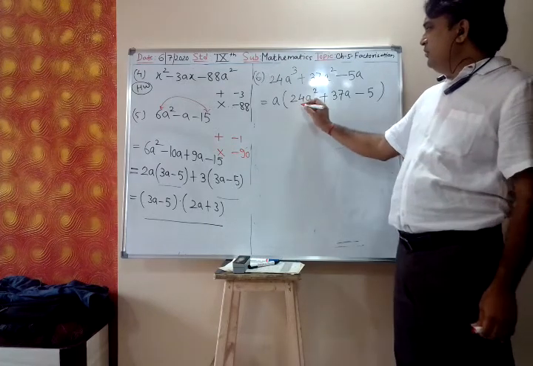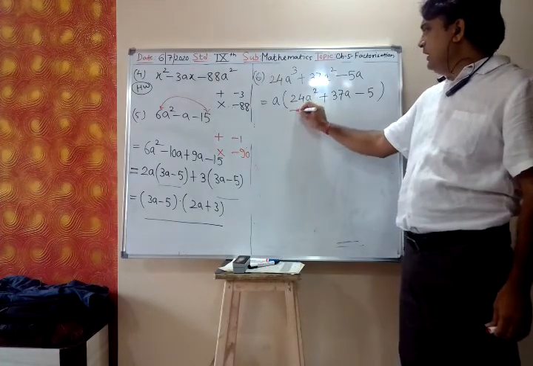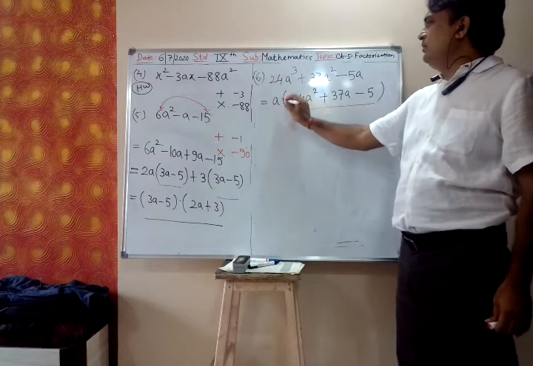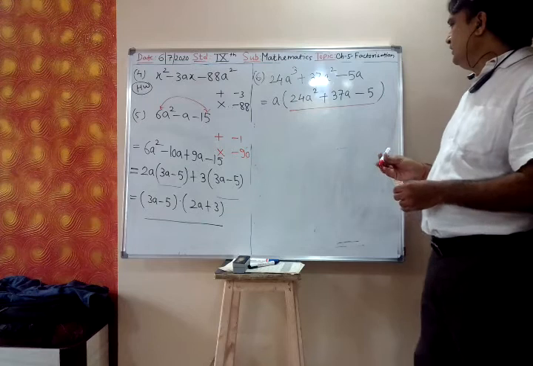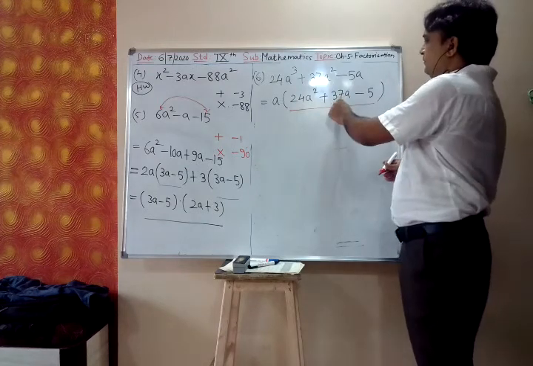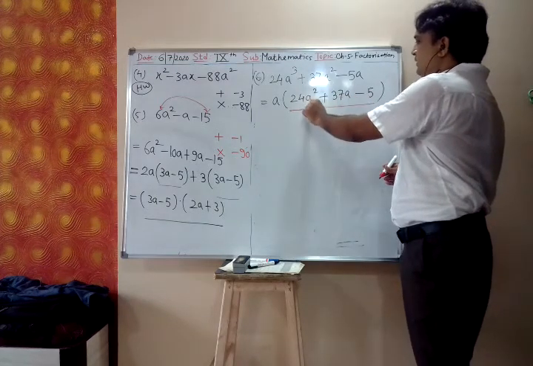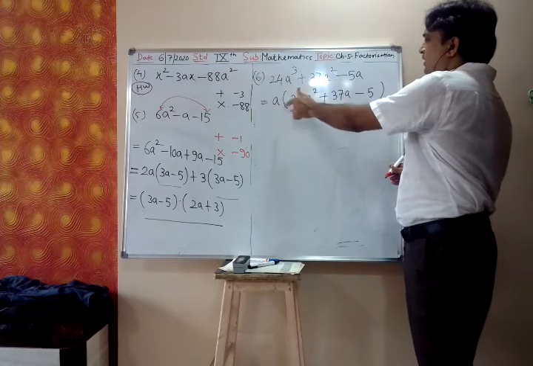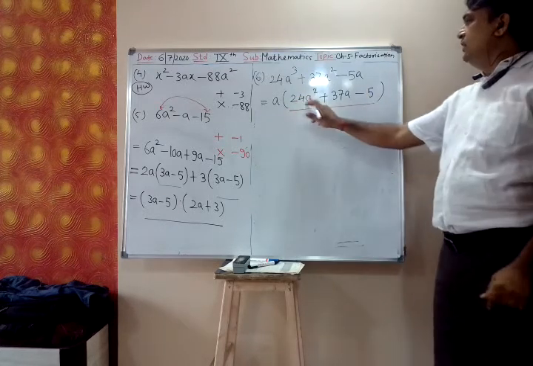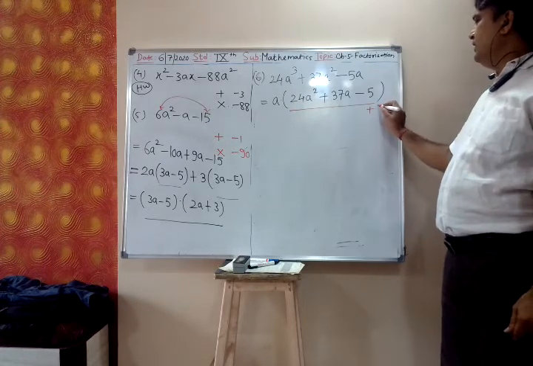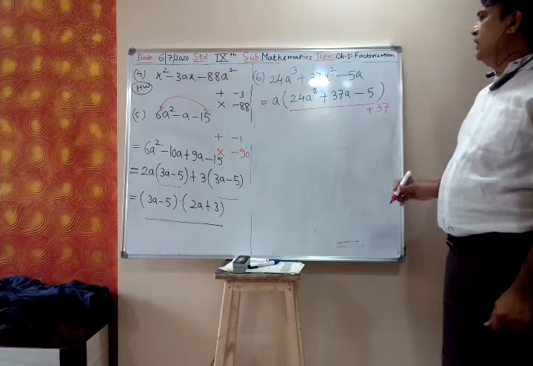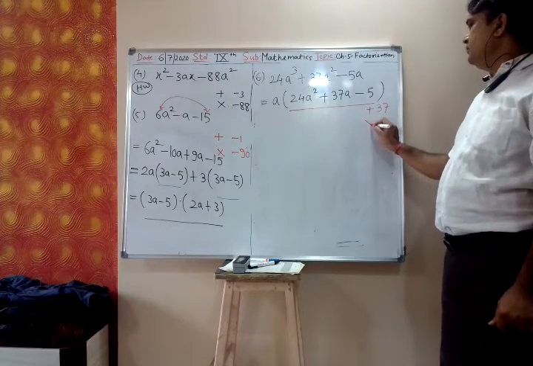Now this bracket term I will split, because this is a quadratic. So the middle term I will split. This is my middle term, this is the last term, and this is 24a square. Now the bracket term I will simplify. Find two numbers whose addition is plus 37 and whose multiplication is, what is the multiplication?